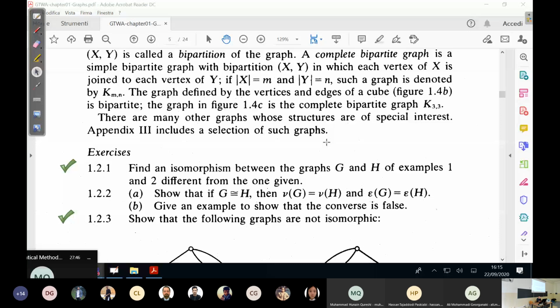Excuse me, Professor. Can you hear me? I can. Tell me. I'm a bit doubtful about isomorphism, especially the question you asked yesterday about how to divide them, and the vertex that we can take isomorphism benefits.